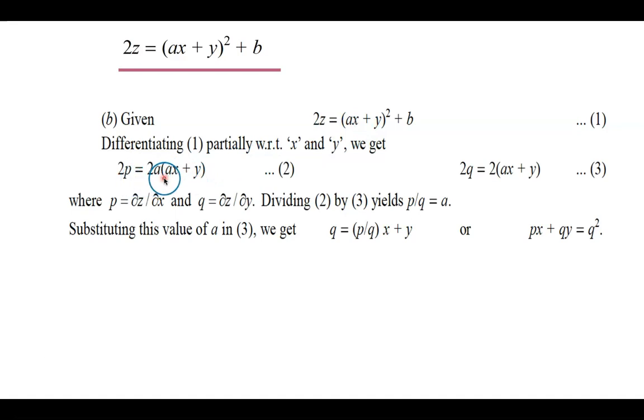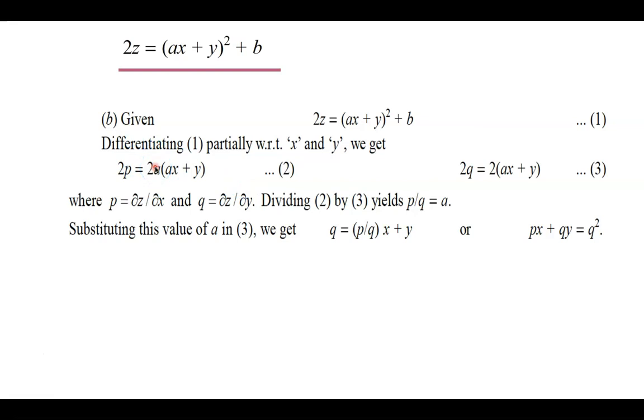So 2p is equal to 2a into (ax plus y). And by partial differentiation with respect to y, we get 2 into dou z by dou y, that is q. 2 into q is equal to 2 into (ax plus y) into the partial derivative of (ax plus y), which will be equal to 1 with respect to y.